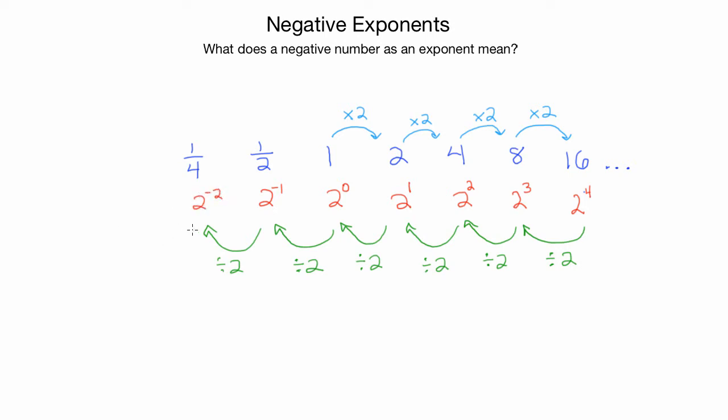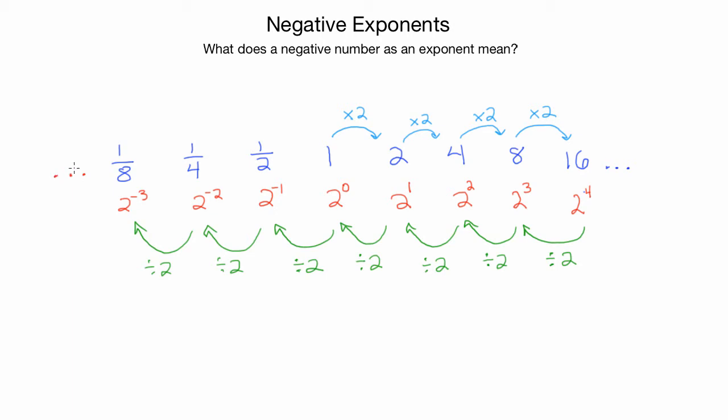Let's do one more. Divide by 2 again. 1/4 divided by 2 is going to be 1/8. And following negative 1, negative 2, 1/8 would be 2 to the negative 3rd. I can keep going with this pattern as far as I want to the left.